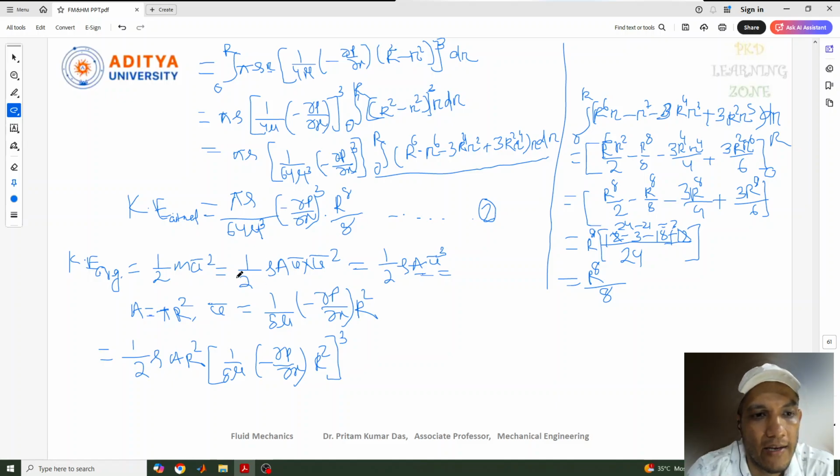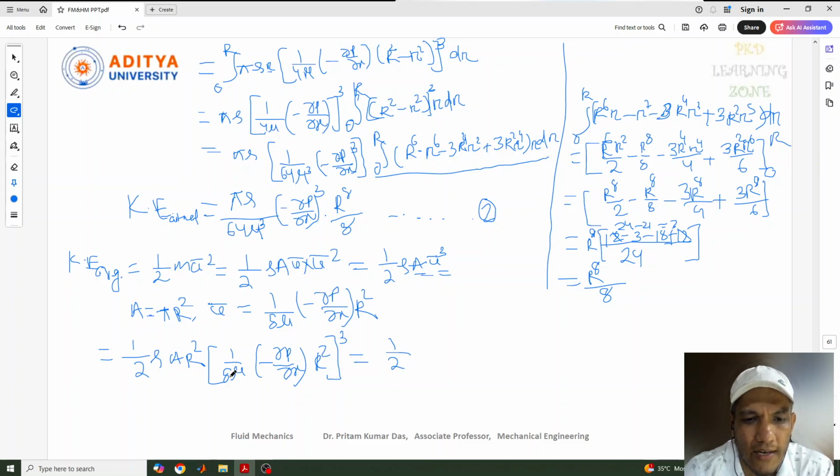So finally we need to find out the energy factor, that is alpha. So let's solve this one. Here I can write 1 by 2. This q is there, so I'll take this whole q.